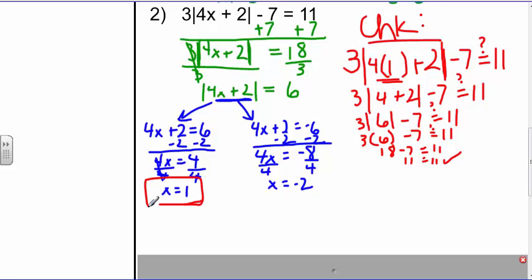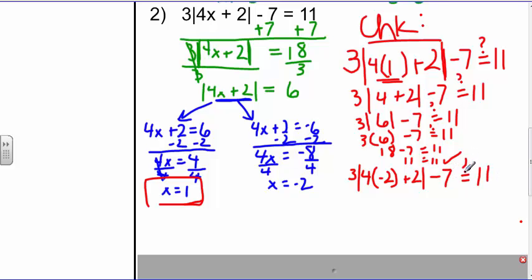Then we have to check the negative 2. So we check the negative 2 the same way. 3 absolute value, 4 times negative 2 plus 2, absolute value minus 7 equals 11.